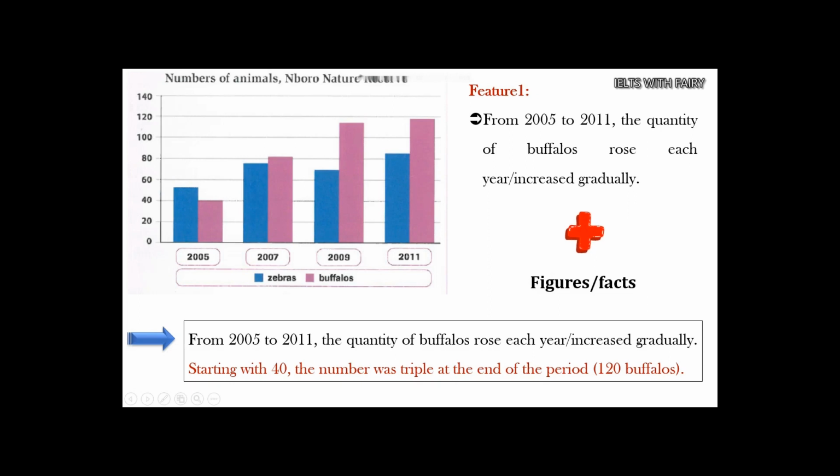At the end of the period means in 2011. What is triple here? I put a number in the brackets: 120 buffaloes. So this sentence states statistics, right? 40, triple, and 120 buffaloes. This sentence gives more figures or facts to support the key feature here.